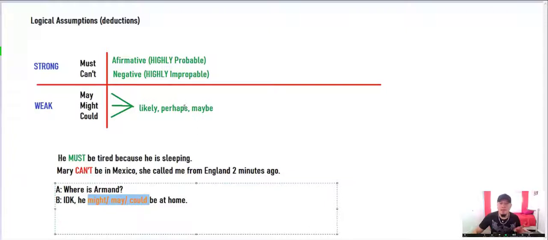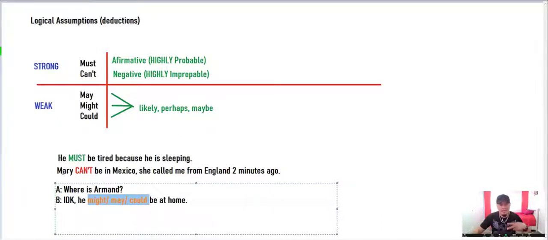The important thing, guys, comes in this part. I mean important because there is an opposite meaning. When we use must, it is for affirmative, almost a fact, almost true. And when we use can't, it is on the other side of the scale: it is virtually impossible that the action happens, or whatever we are expressing in the sentence.